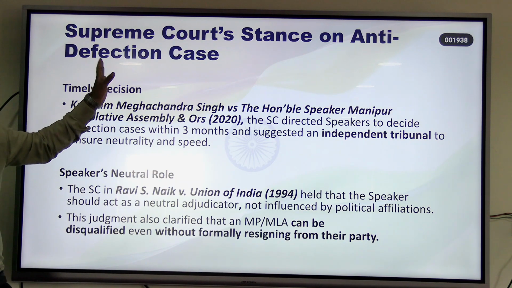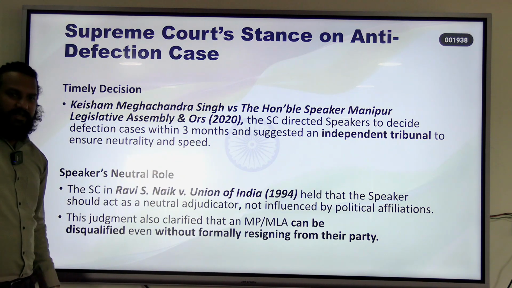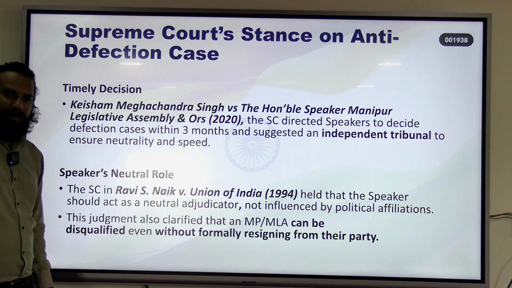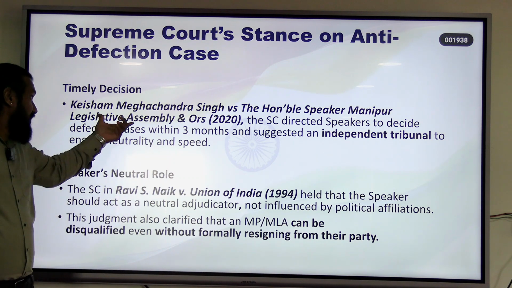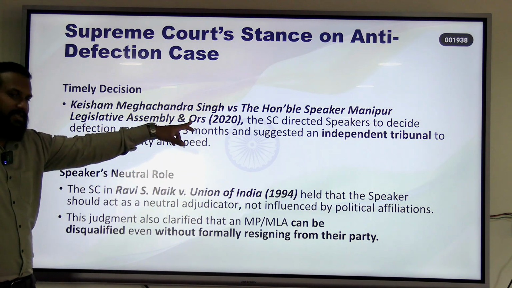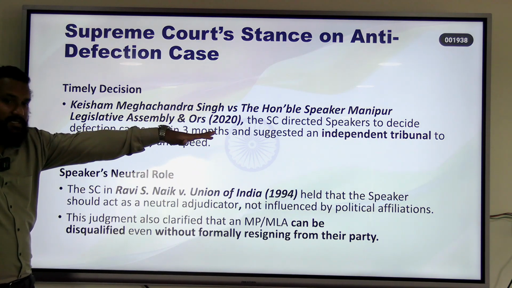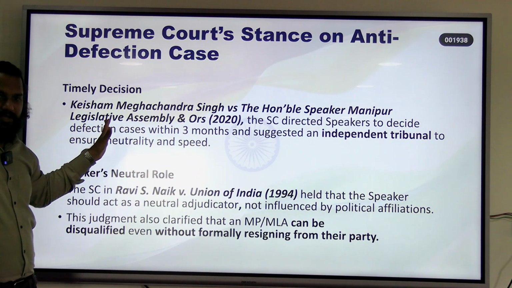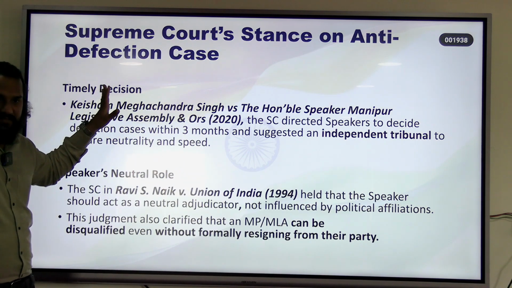In the constitution also it is not mentioned, but in Megha Chandra Singh versus Speaker of Manipur Assembly, the Supreme Court ruled that the speaker has to decide this disqualification or anti-defection case within 3 months. It also suggested that one independent tribunal can be established by the speaker. So the tribunal can deal with the defection case.